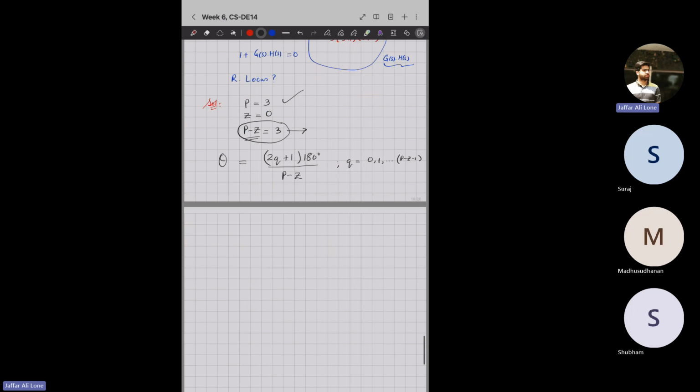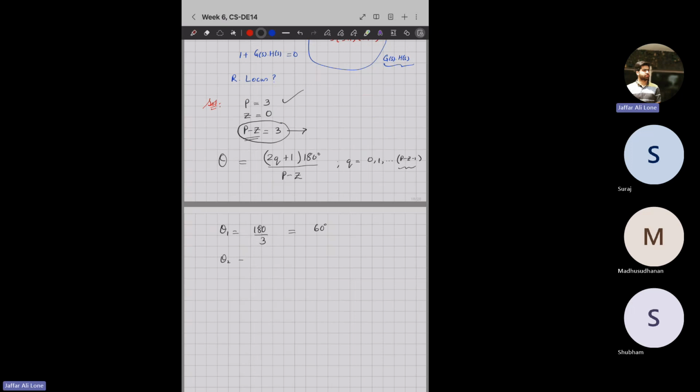So I'll just populate this formula for q equal to 0, for q equal to 1, and for q equal to 2. That is what p minus z minus 1 is. 3 minus 1, that's 2. So my theta 1 will be 2 into 0 plus 1, into 180 over 3, which is equal to 60 degree.